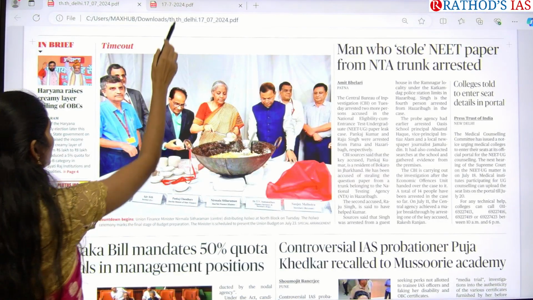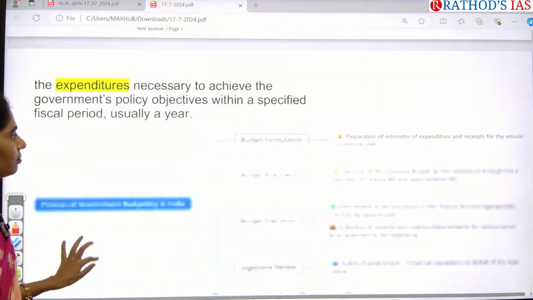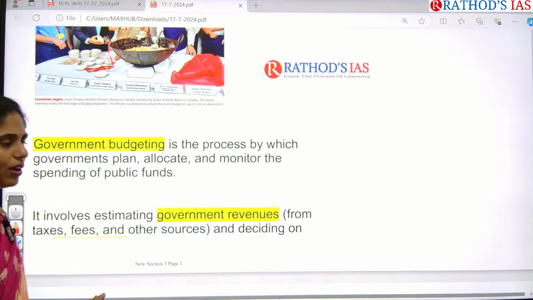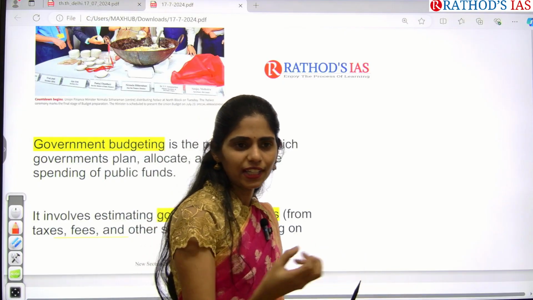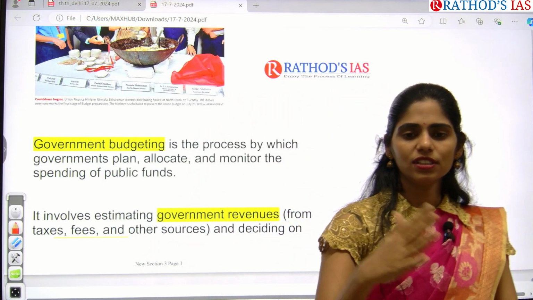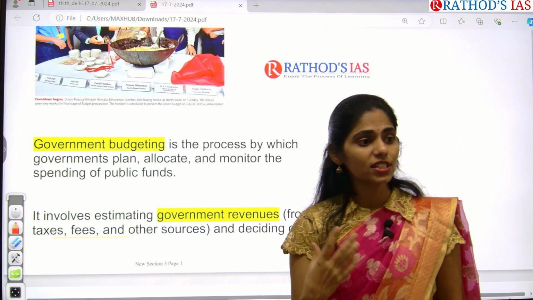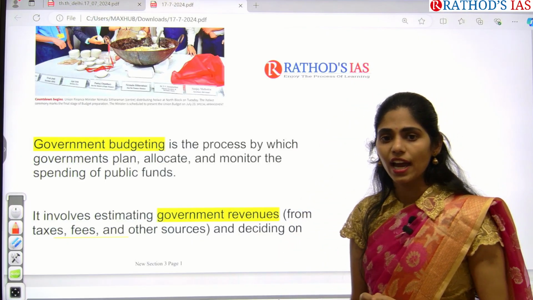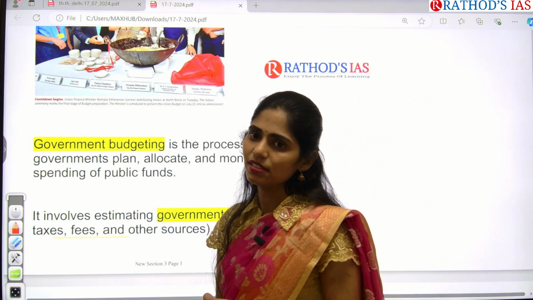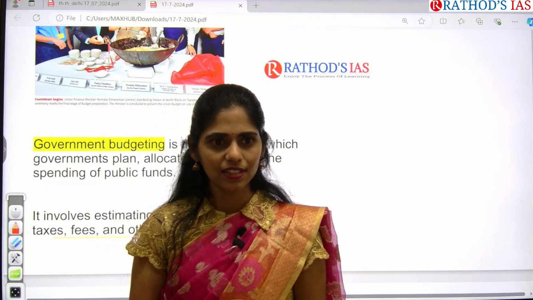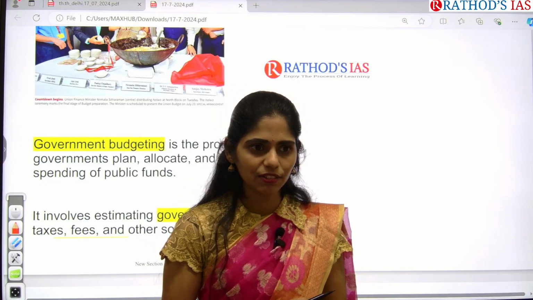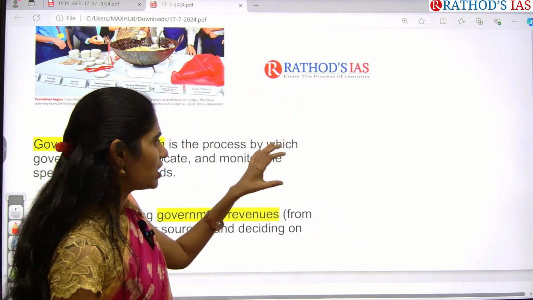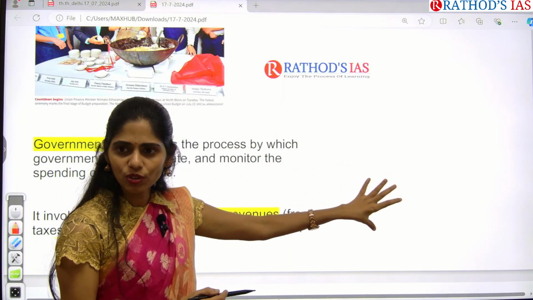What will be there in the budget? Yeah, it is about revenue and expenditure. So what are the components in the budget? Many times we have discussed the components. We have taxes, non-taxes, capital expenditure, capital revenue. So in the budget we have capital on one side, revenue on one side.